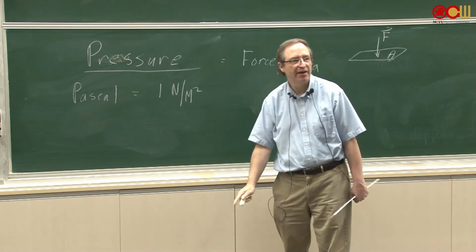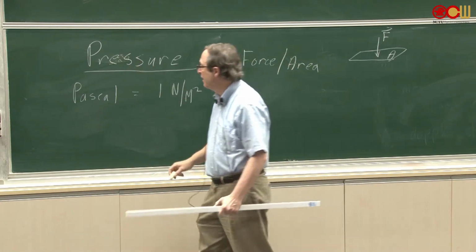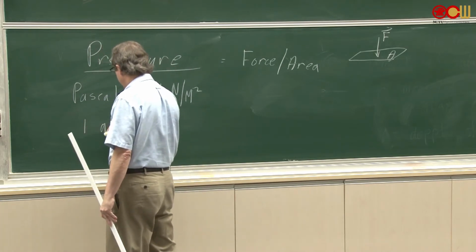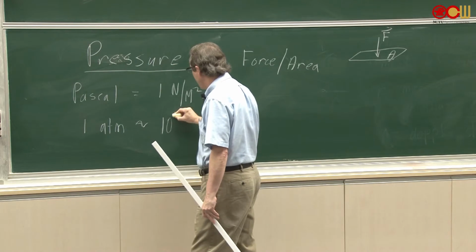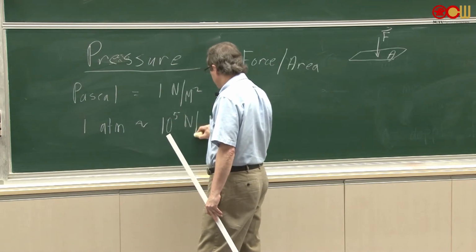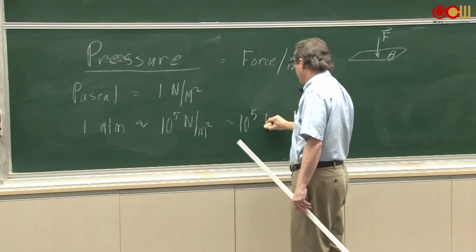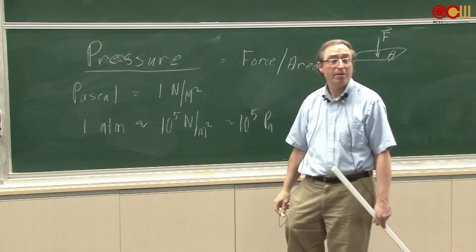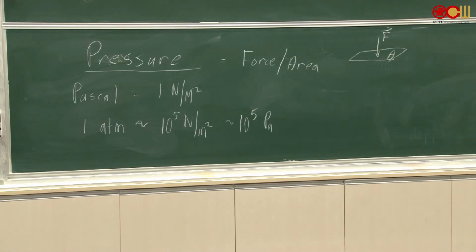The air is 1 atmosphere, and that's about 10 to the 5th newtons per meter squared, or 10 to the 5th Pascal. So it's quite big, even though it's just air.